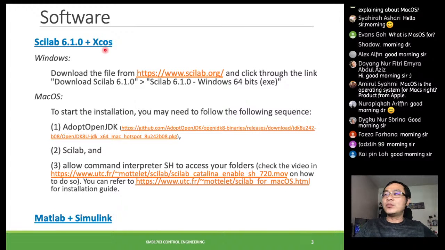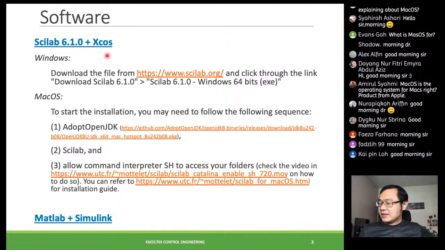Okay, and then usually we will couple it with Xcos, which has been pre-installed. Once you install the Scilab, make sure you don't remove this package. Make sure you take the Xcos so that it will install together. But usually if you use the default, it should be installed automatically, right?